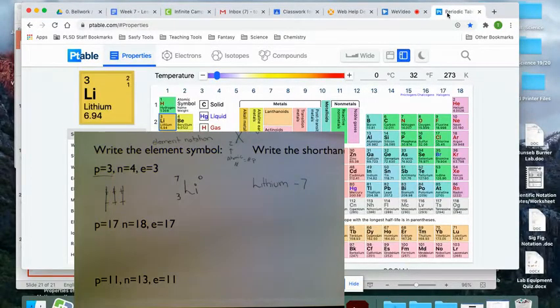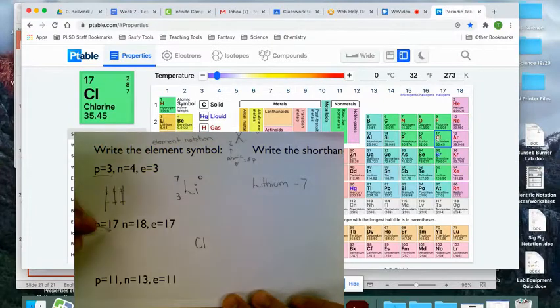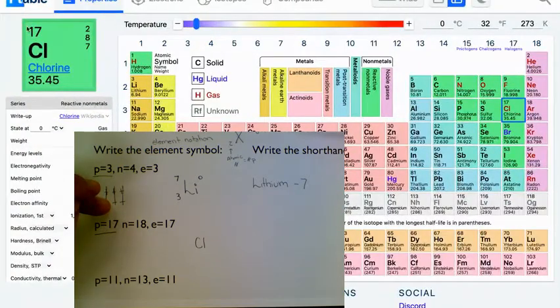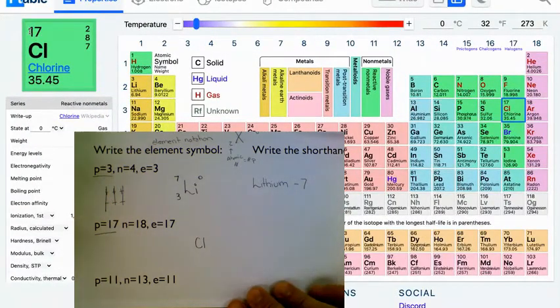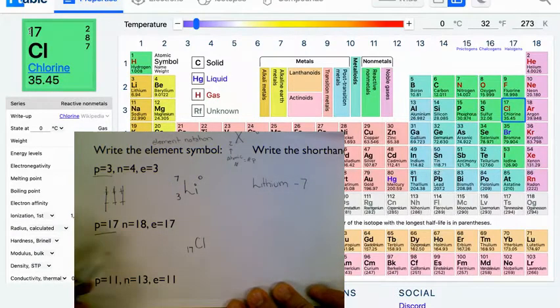Okay, so to figure out what this element is, we have to look at protons. So we're looking for a number 17. Well, it's going to be chlorine. And what told me it was chlorine is my 17 protons. And if you're looking on the ptable.com, 17 is my protons. So that's my atomic number. Now, when I go to find my mass number, it's my protons plus neutrons.